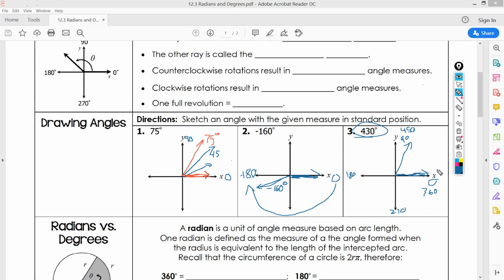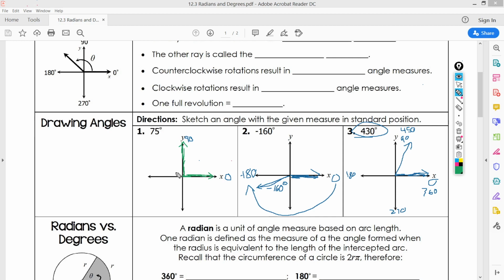And so if you were in a situation where, for example, if I drew this angle right here, and I said, how many degrees is that to you?